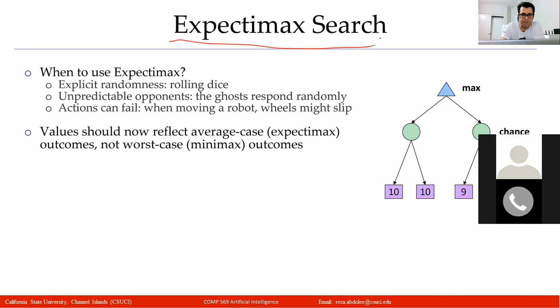All right, so one of the situations in which we need expectimax is having an adversary that may choose his action randomly, or there is some randomness involved in his move. This is one of the situations in which we may prefer to use expectimax.